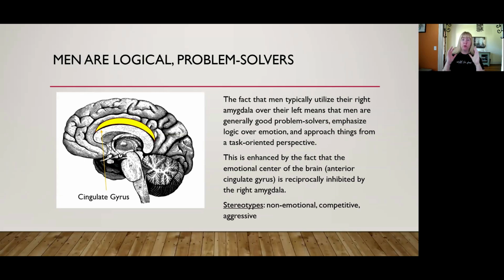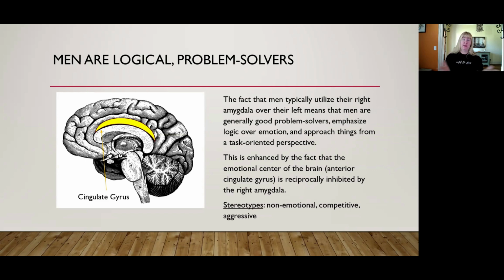So when the right amygdala is activated on high alert, it is reciprocally inhibiting the emotional center of the brain. That means when there's a threat, his emotions will get suppressed. It's not permanent, but it will get suppressed.